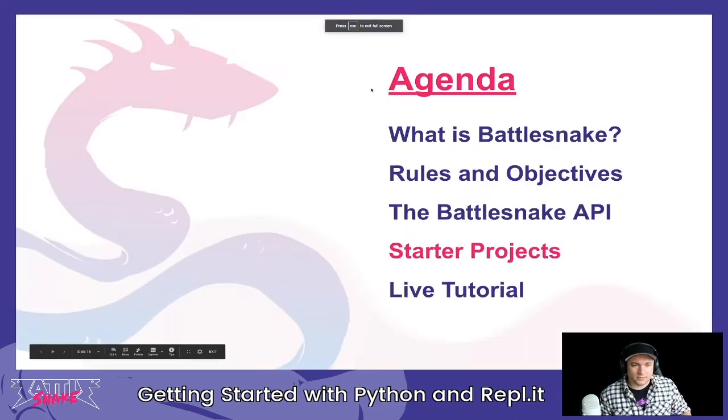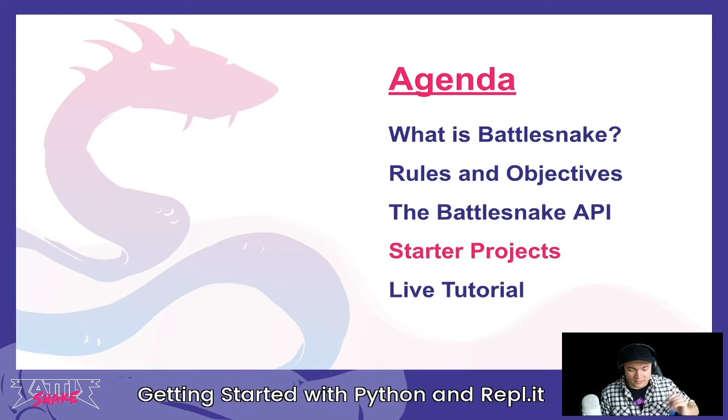We'll dive back into the slides. This is partly our team, partly the Battlesnake developer community as well. We provide a bunch of what we call starter projects to get you started. These are really simple Battlesnake projects that move in boring and simple ways to get you started and get you thinking about the game.